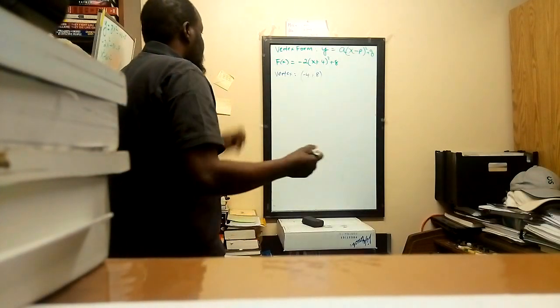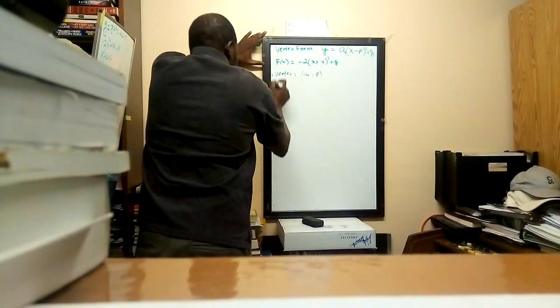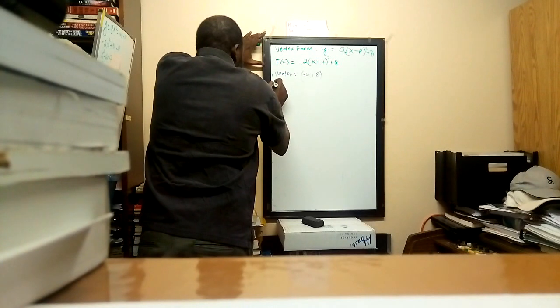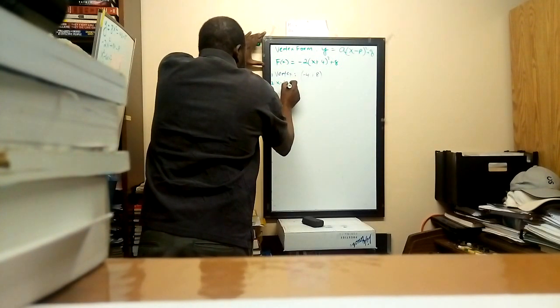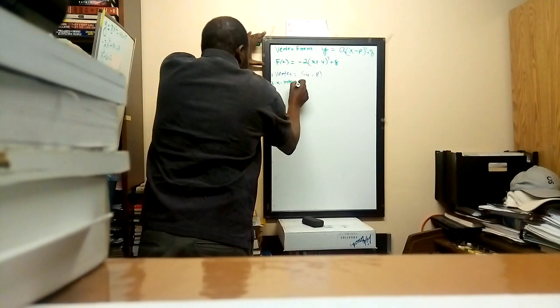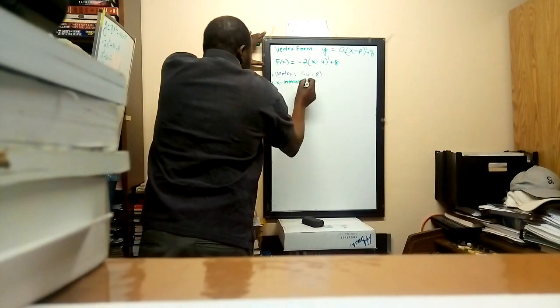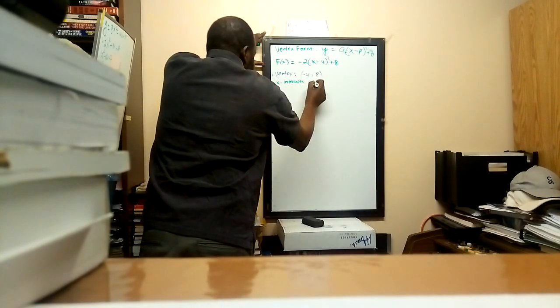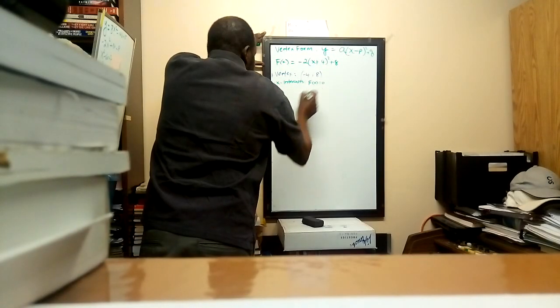And then number 1, we calculate the x-intercept. Number 2, x-intercept is when f of x is 0.